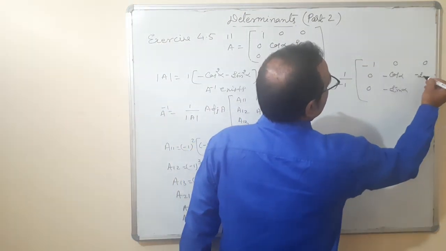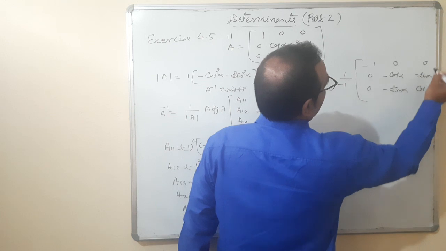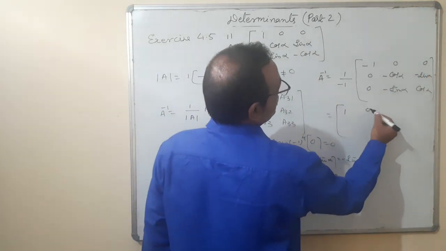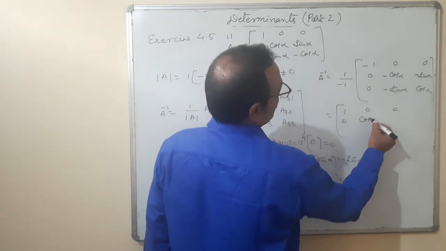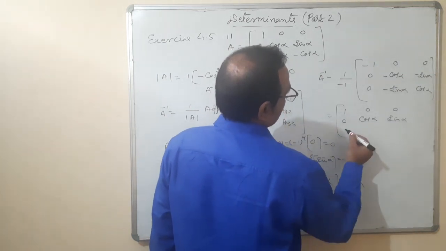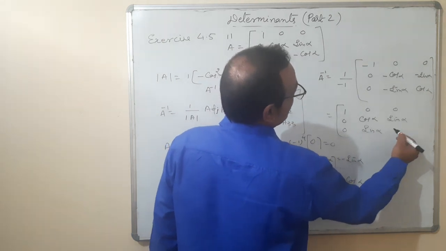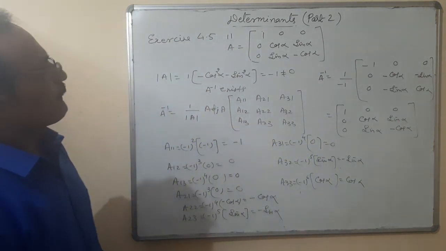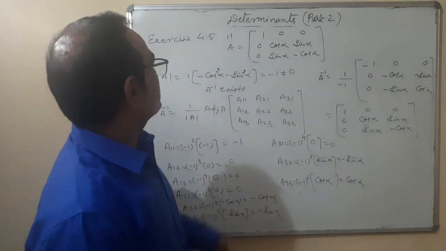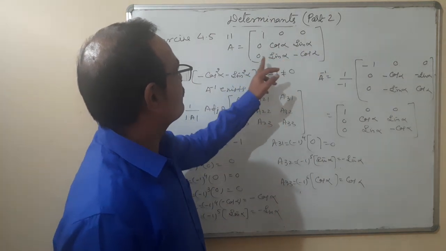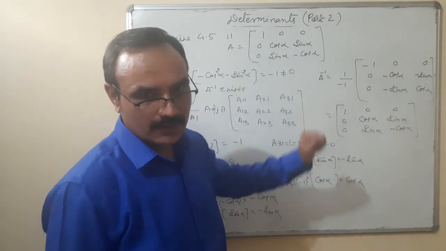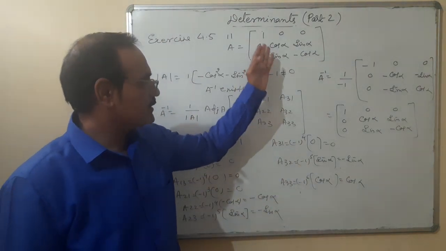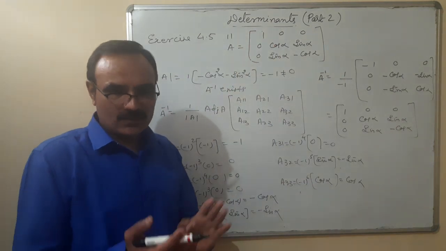If I multiply it by minus 1, it comes out as 1, 0, 0; 0, cos alpha, sin alpha; 0, sin alpha, minus cos alpha. You can see that this is the value of A. So here the inverse of A is A itself.